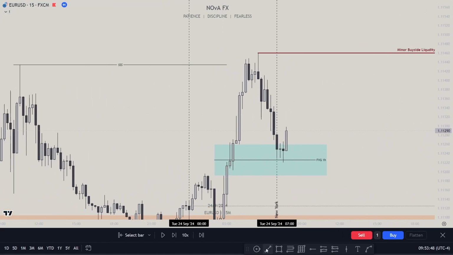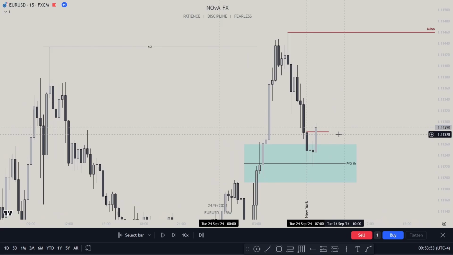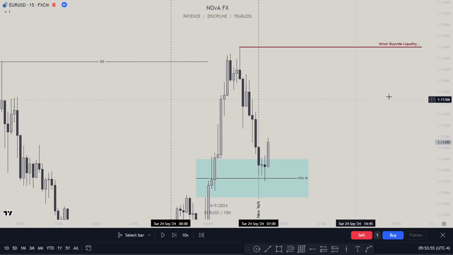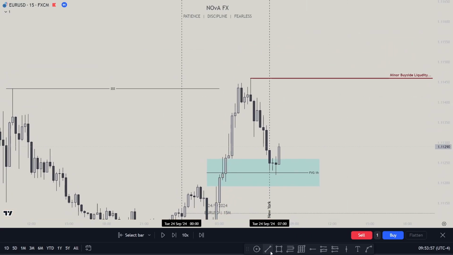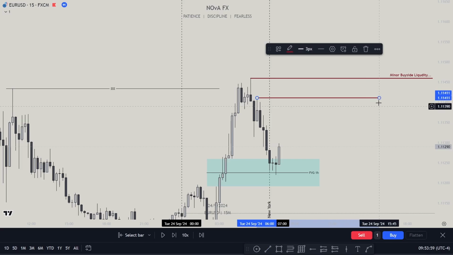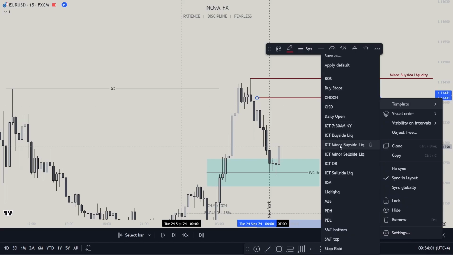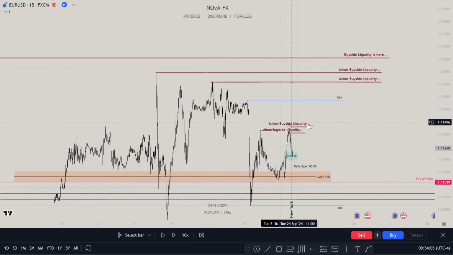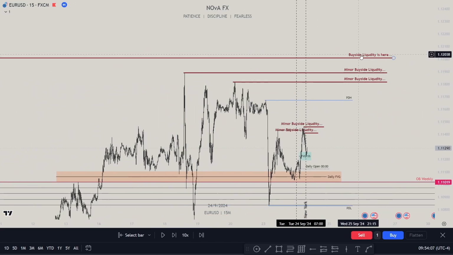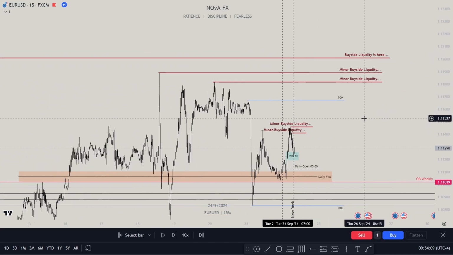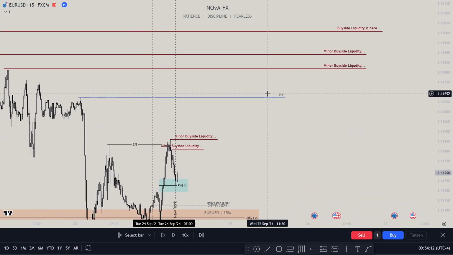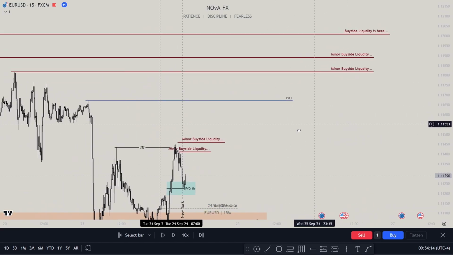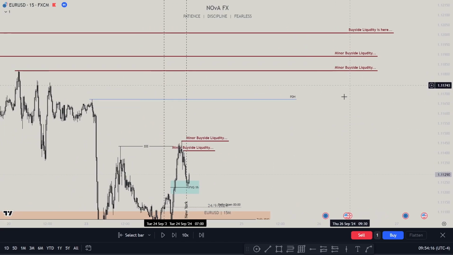We can see that it has closed above this down close candle, and we can mark our liquidities here. Overall our weekly bias will be till this one, right? This is the buy side liquidity, and for daily we can aim for either previous day high or this minor buy side liquidity over here.